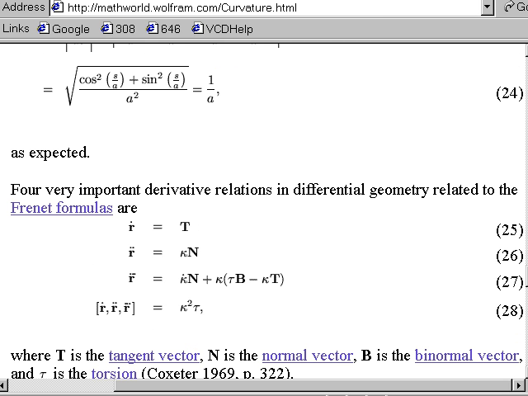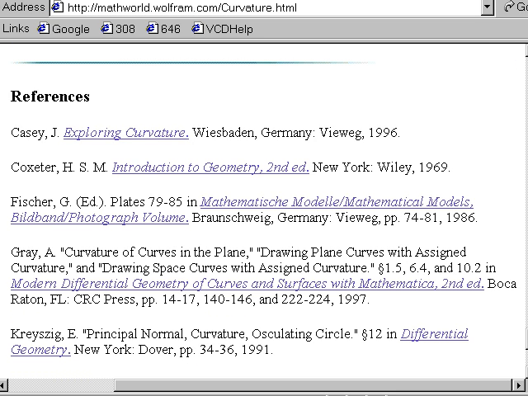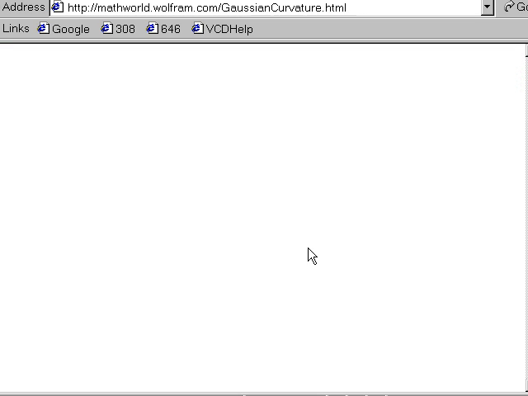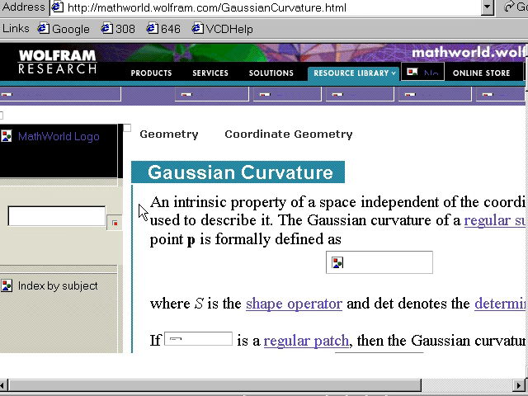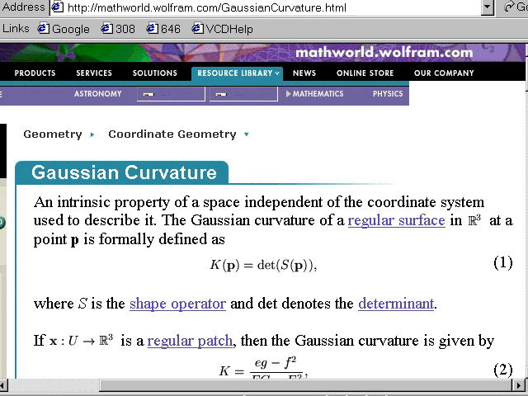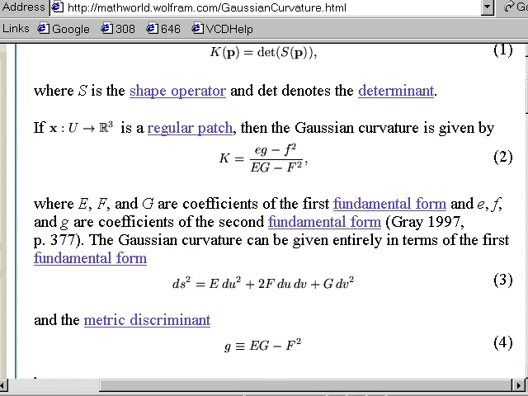We have passed it. Somewhere in there. And these are the famous Frenet formulas, which are parametric descriptions of curvature and arc length.